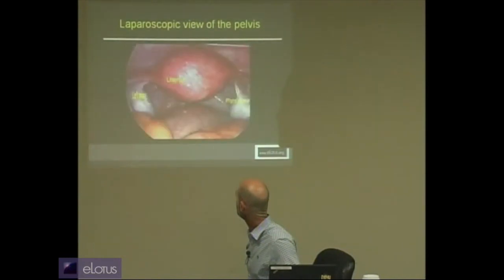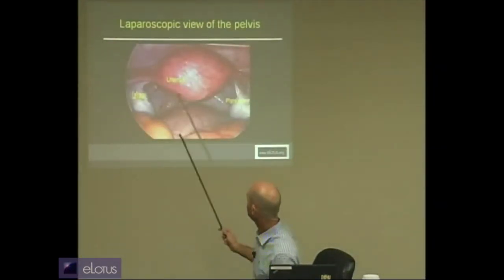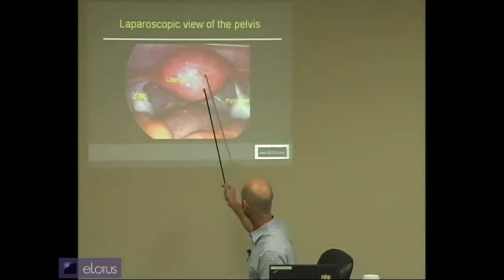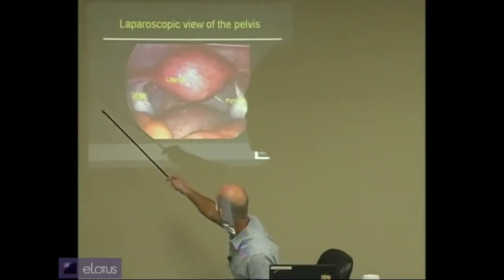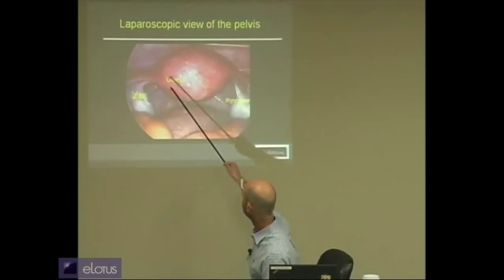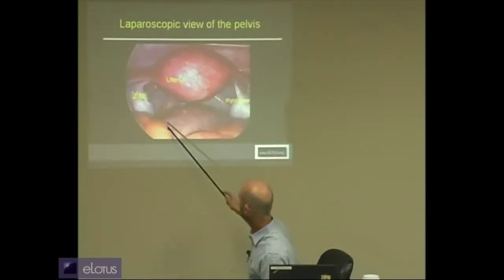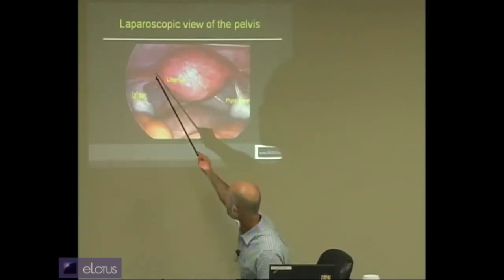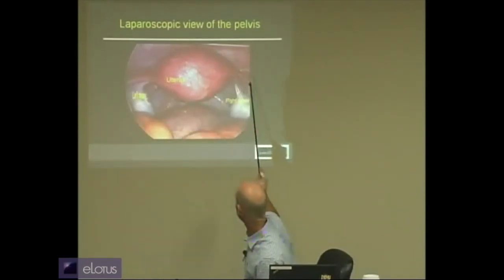And what that looks like is sort of like this. So now you're standing looking straight down. This would be off to the left. This would be off to the right. And here is the top of the uterus. Okay? Here is the left ovary, and here is the right ovary. Here's the fallopian tubes kind of coming out this way and this way.